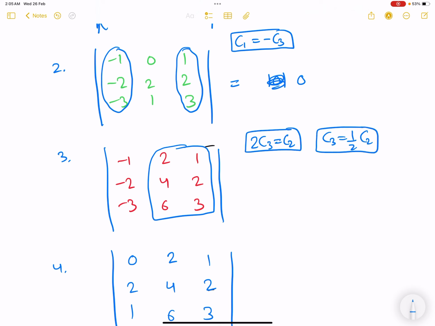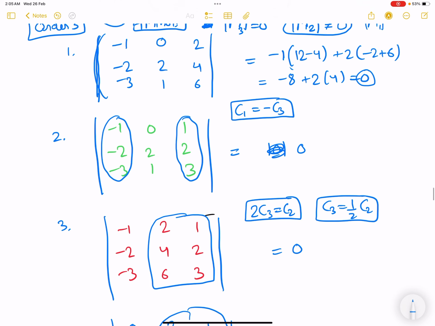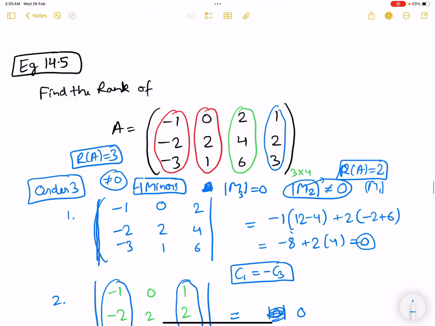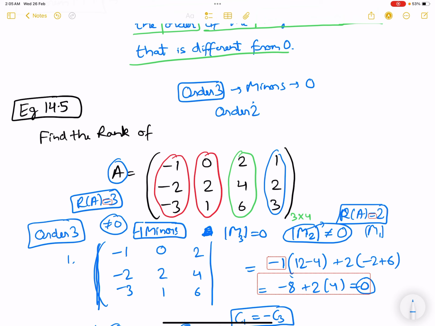So in this case also the determinant would be 0, and in this case also the same thing, the determinant is 0. So we are sure that for this given matrix, all the minors of order 3 that we took have value 0. So we will check for order 2.